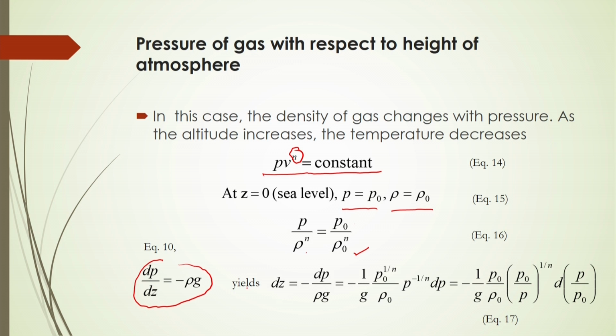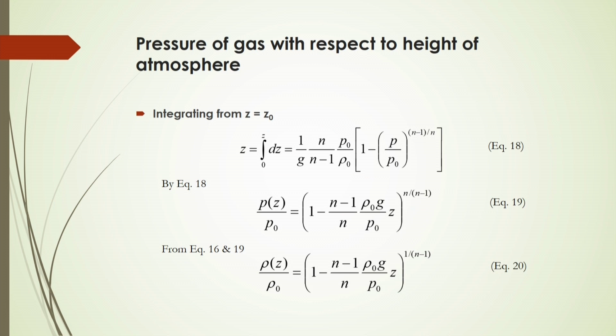If you substitute equation number 16 in equation number 10, it yields dz equals minus dP by ρg, which equals minus 1 by g times (P0 to the power 1/n by ρ0) times P to the power minus 1/n, into dP. Finally, after integration with z equals z0, we get equation number 18.